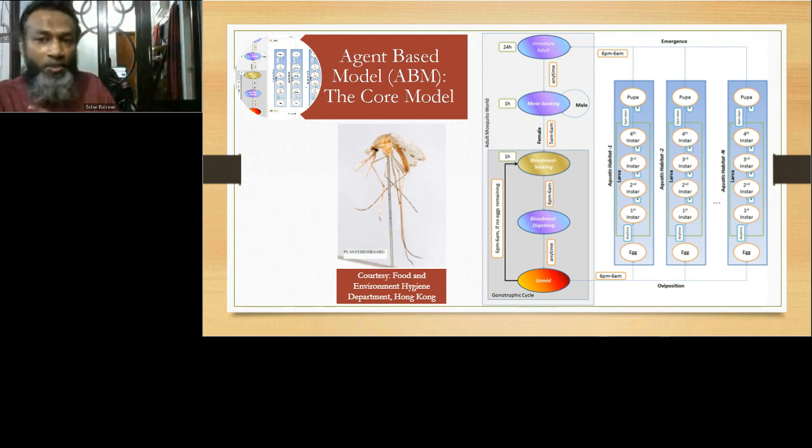But here, for example, we have immature stage, we have mature stage, and within the mature stage, adult stage, we have 3 separate stages. One is blood meal seeking, one is blood meal digesting, and the last one is gravid. That is when they are ready to hatch eggs. So all these details have to be modeled within the agent-based model with information from the literature and so on.